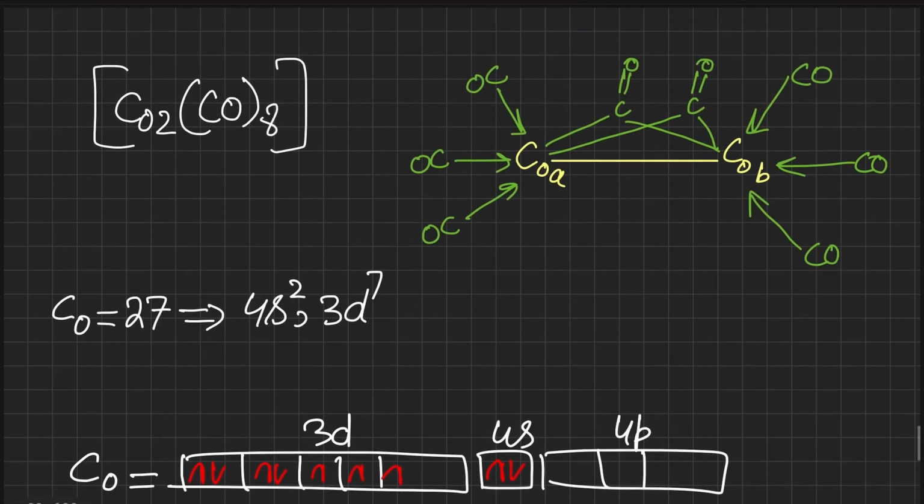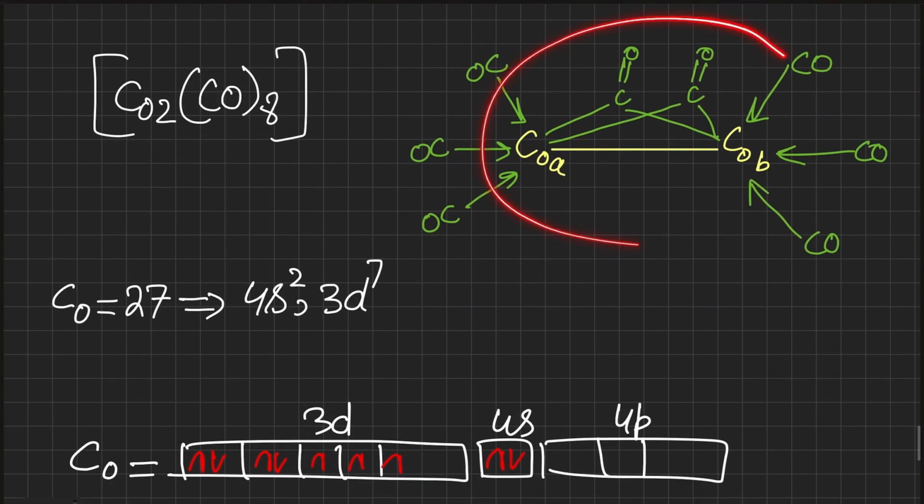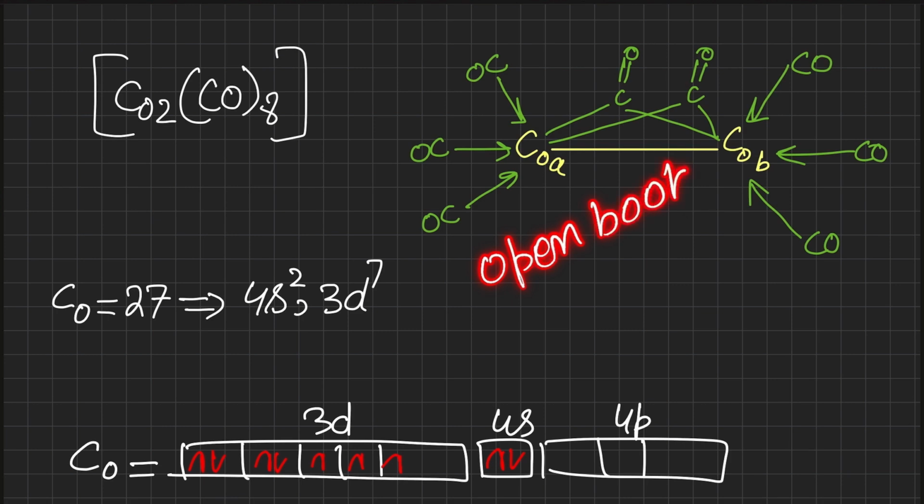So this is the bonding situation of this geometry in which there are bridging carbonyls, and we have indicated these bridging carbonyls by the presence of the IR value around 1850 per centimeter. This particular geometry of octacarbonyl dicobalt is also called an open book like arrangement. So this was all about the geometries of octacarbonyl dicobalt.